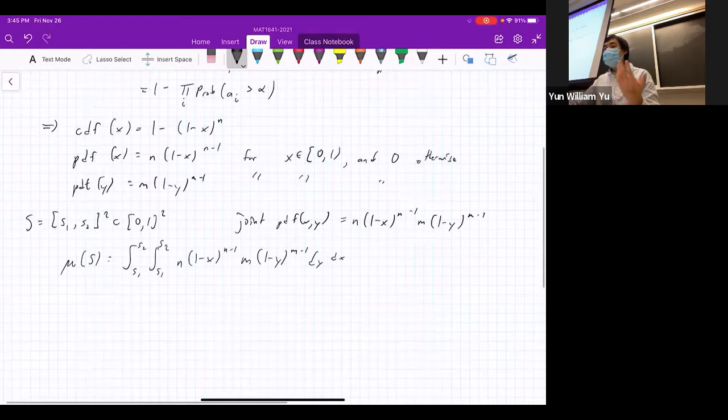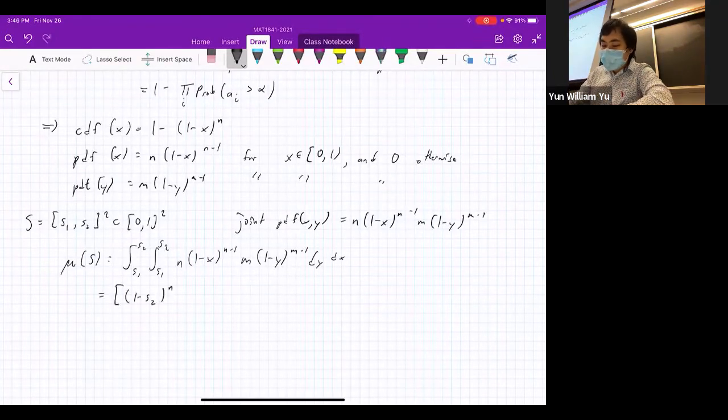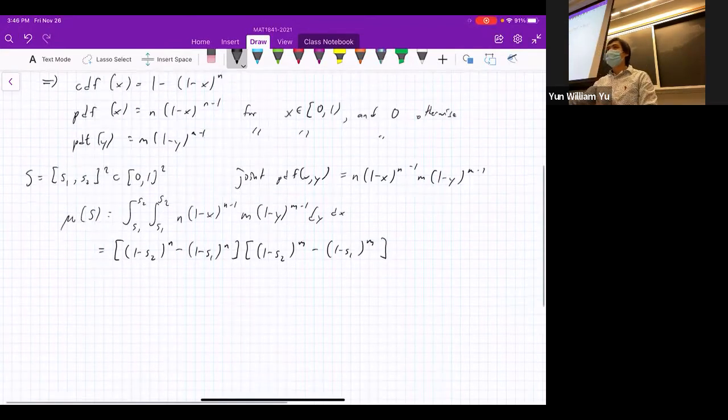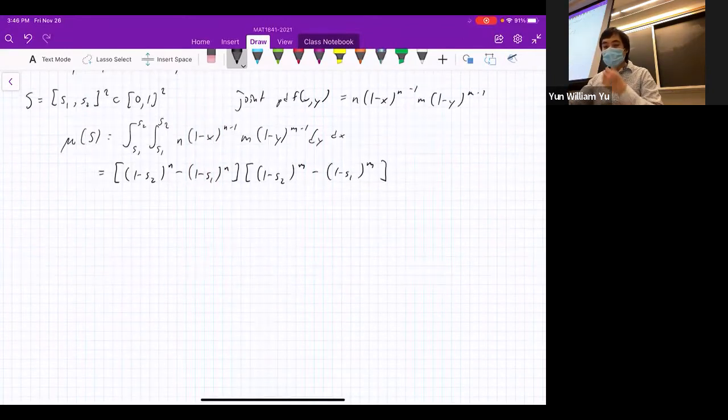And of course, this is very easy to separate out because our x and y were independent to begin with. And clearly, if you're just integrating these boxes, you can separate out the integral for x and y. And this is just going to be equal to (1 minus S1) to the n minus (1 minus S2) to the n, times (1 minus S1) to the m minus (1 minus S2) to the m, just by separating out the integrals. So that's all super easy.